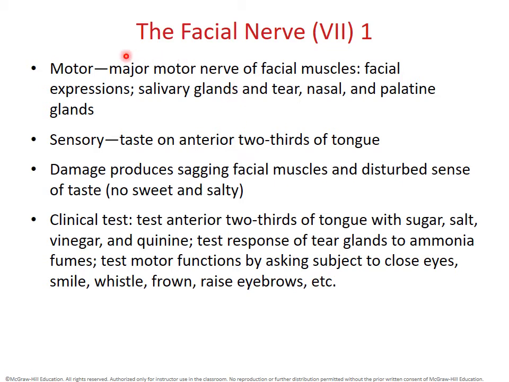The motor aspects of the facial nerve are that it is the major motor nerve for your facial muscles. And so facial expressions are modulated through this facial nerve. The facial nerve is the second cranial nerve that also has some parasympathetic motor function.